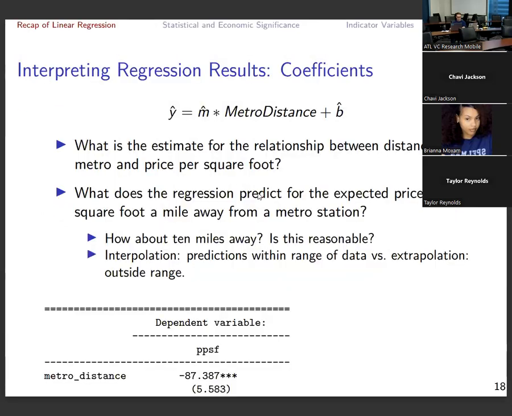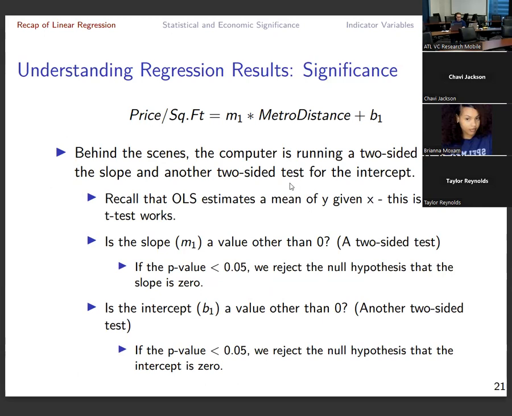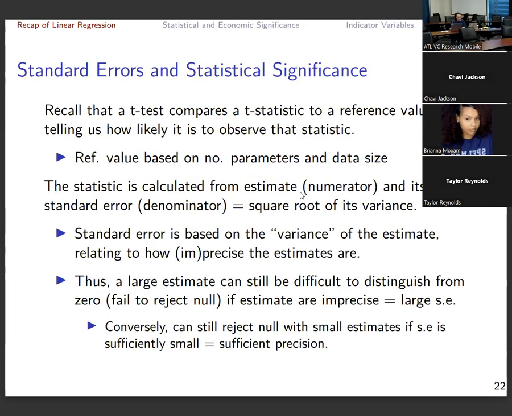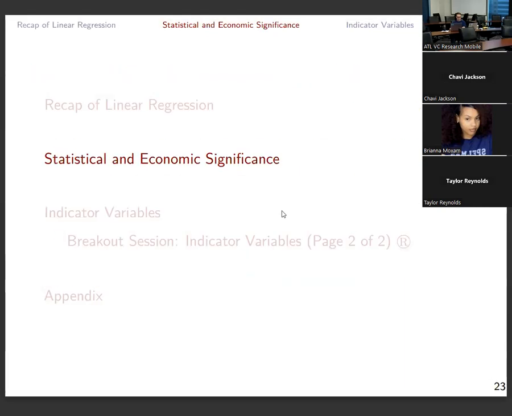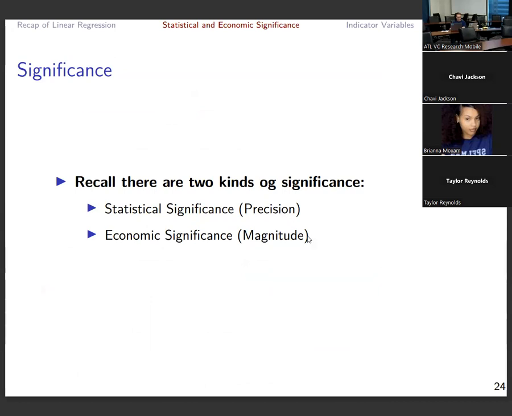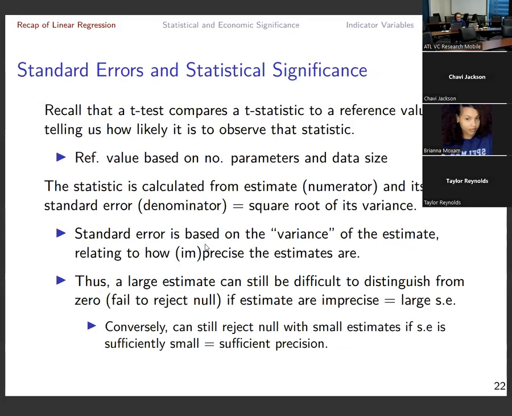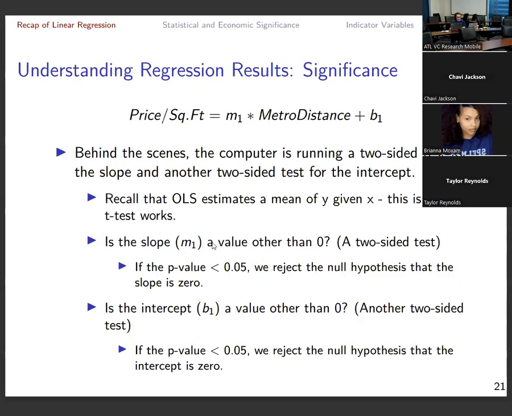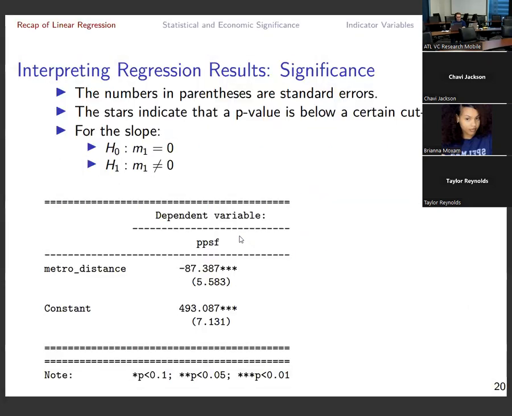All right, so let me jump back up and get here. Okay, so we've talked about statistical significance, but let's dwell on this question about economic significance. In other words, is it big enough to worry about? Coming back from an economic standpoint, whether or not it's going to factor into a person's economic decision.